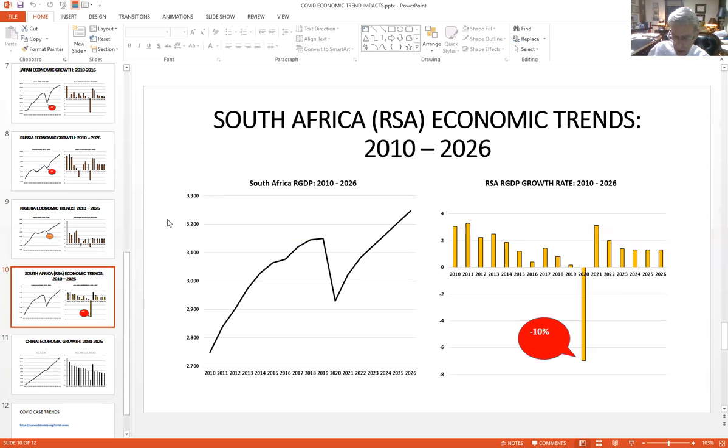It's a growth economy. But like other countries in Africa, although none is as large as South Africa, it's the largest economy in Africa. But its healthcare capabilities and its access to vaccines leaves a lot to be desired.